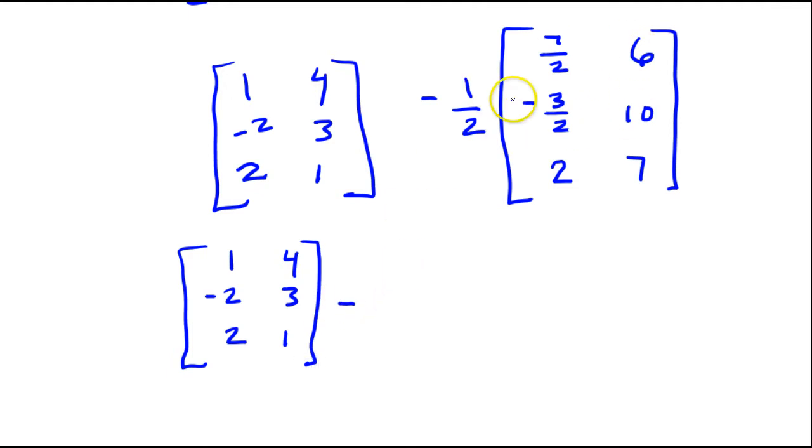Okay, but I need to multiply all these by 1/2. So if I do that, 1/2 times 7/2 is going to be 7 over 4. Notice what I'm choosing to do is I'm just multiplying by the 1/2, not the negative.